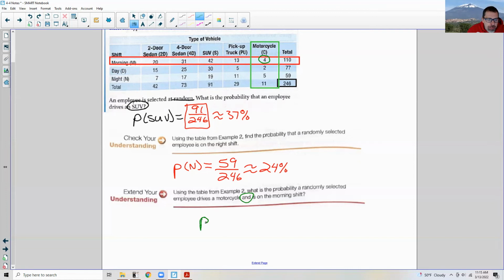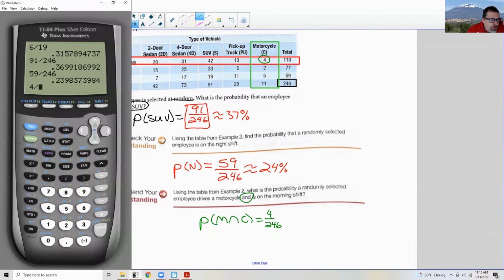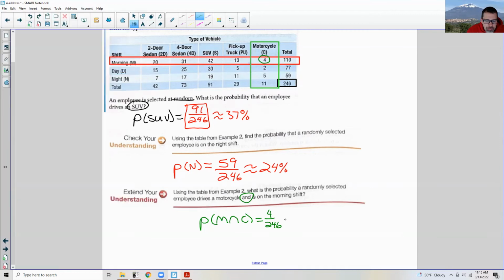So the probability of driving a motorcycle and on the morning shift, motorcycle, is equal to 4 out of 246, which would be 2 out of 123, reducing to approximately 1.6%.